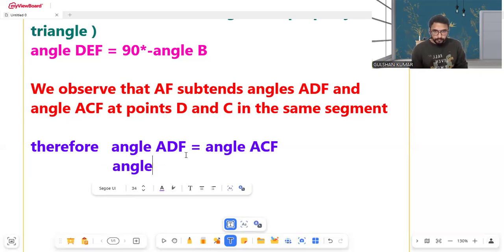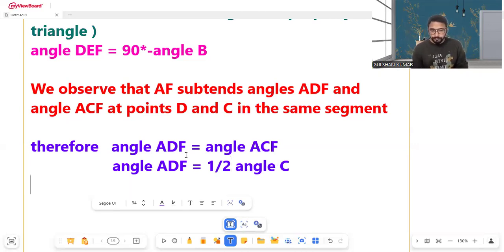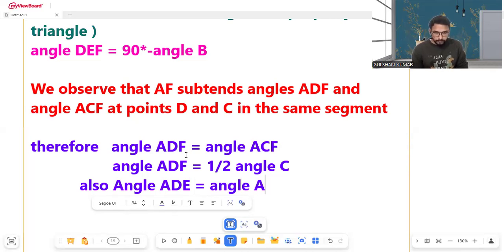now angle ADF equals half of angle C. Okay, also angle ADE equals angle ABE, because both are on the same segment.